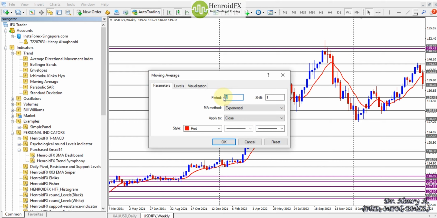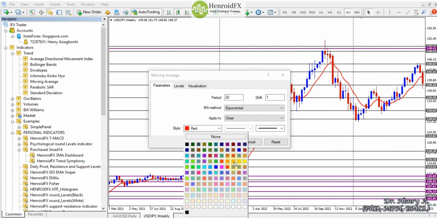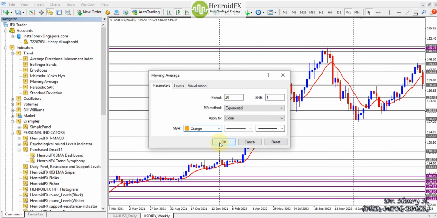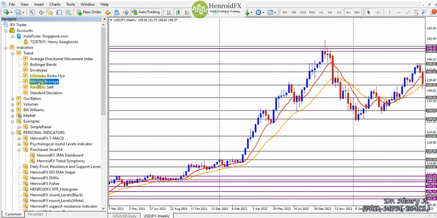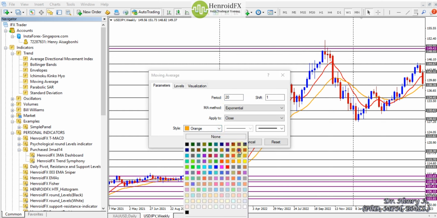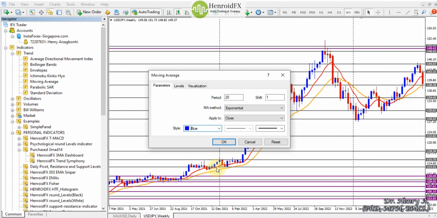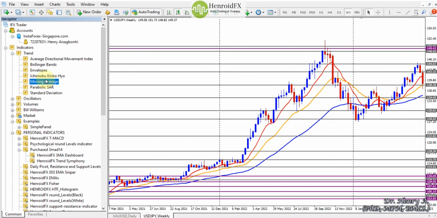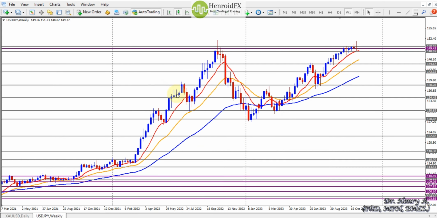You make this one 20, and then you can make it orange. And then the next one, you can make it blue. This will be 50. That's it. Now this is all you need.